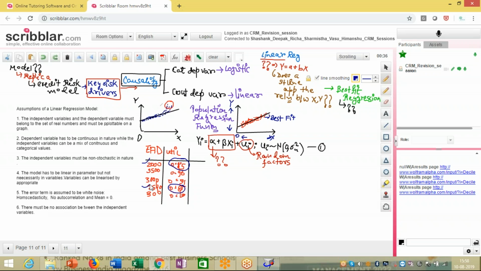So what happens over here? How do I try to address this? One thing I can see is that there is always an element of probability associated with utilization as well. So given that utilization is 0.85, what is the probability that it is 2000? It's not always 2000, right?